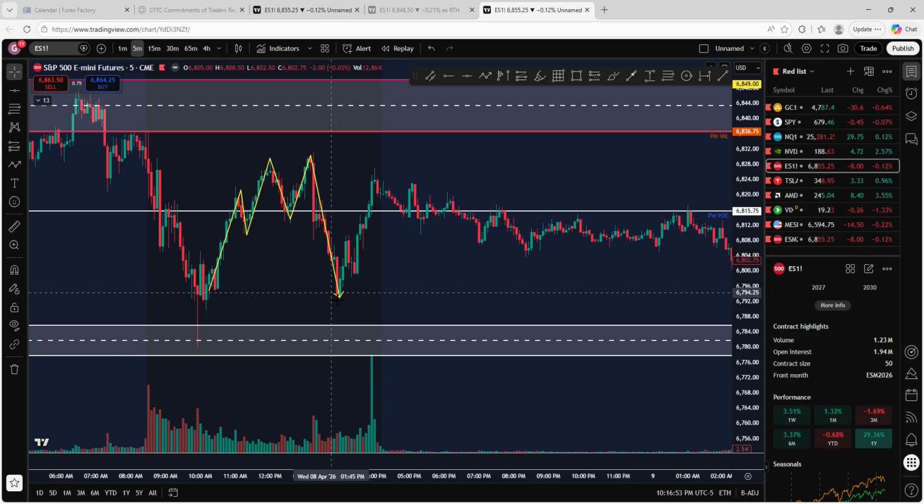This is why I called out that long. And I said, put your stop, I remember I put a white line and it was right here. I said, put stop there. And so this is where you can get in late on a trade. It's logical. And now your stop loss is here.